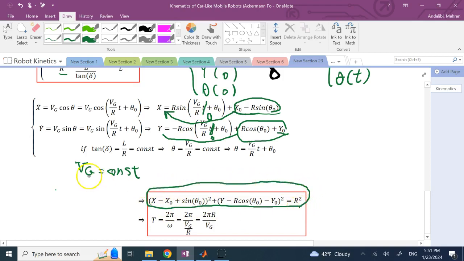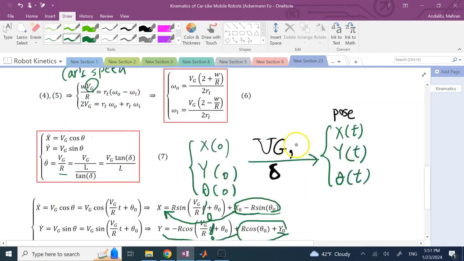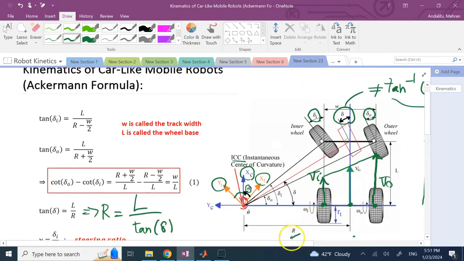So if you hold your speed constant and the steering angle constant, you definitely are going to go on a circle, where the center of the circle is basically this point here, right? So it's going to be this guy with the negative sign, that is the center x, and this guy with the negative sign, that is what? Center y, and the radius is going to be r as expected.